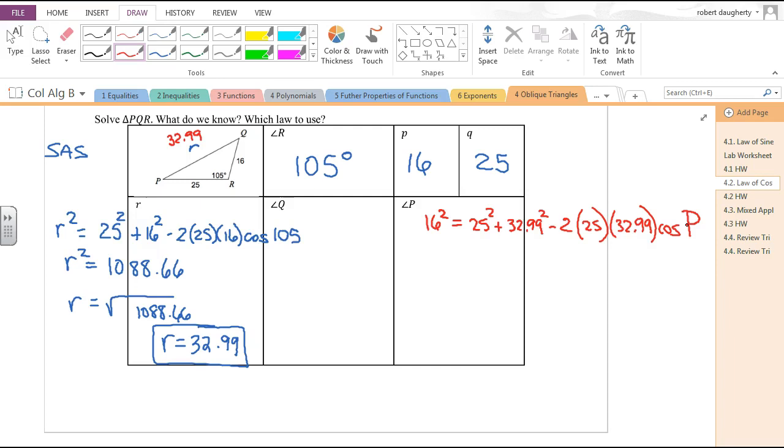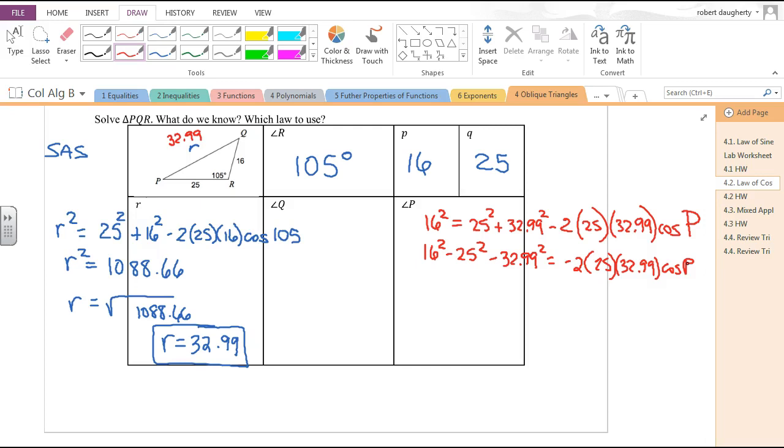So this is going to be 16 squared minus 25 squared minus 32.99 squared equals negative 2 times 25 times 32.99 cosine P. What did I do to get from that step to the next one? I just moved those numbers to the other side.